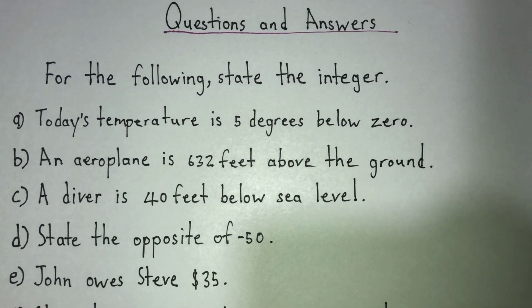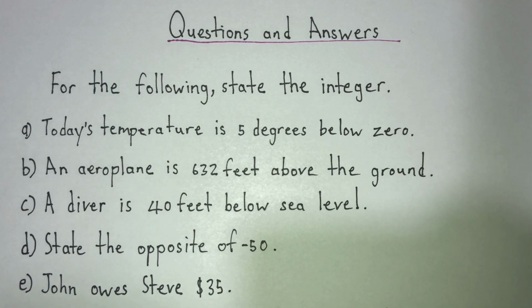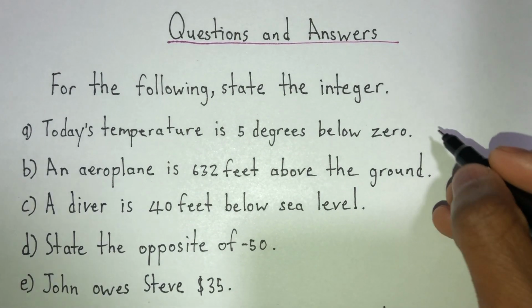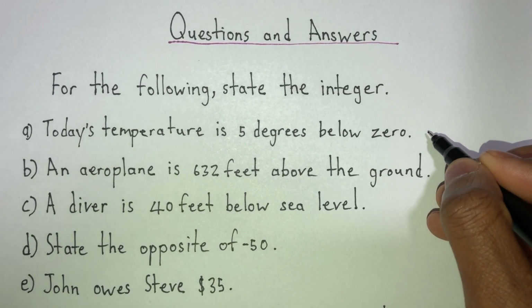Okay. So let's look at example A. Today's temperature is 5 degrees below zero. We know that values below zero are negative, therefore this is negative 5.